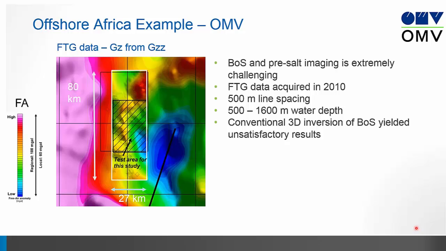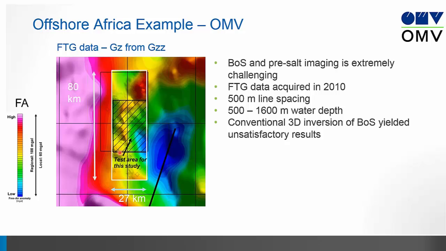So in this first slide, you can see the survey area on the left with the acquisition line here with a 500-meter spacing. So it was a full tensor gravity gradiometry survey, but only GZ has been used in this study. So GZ was calculated by integrating the GZZ component.